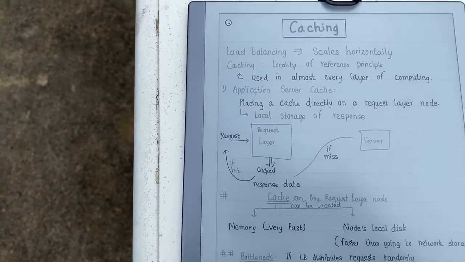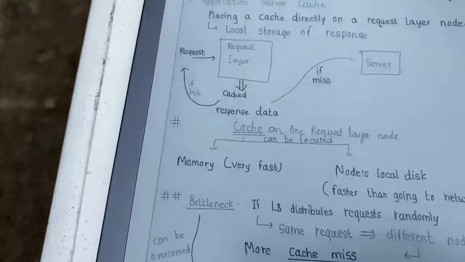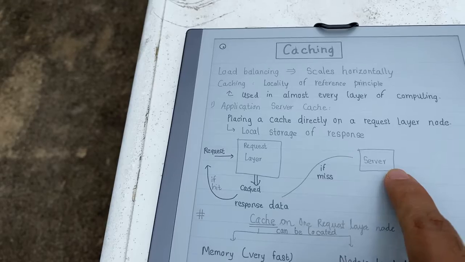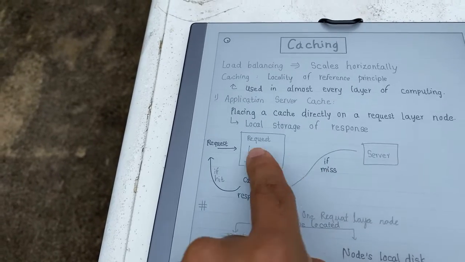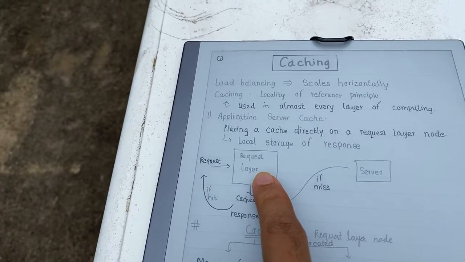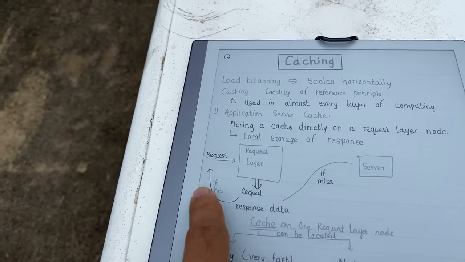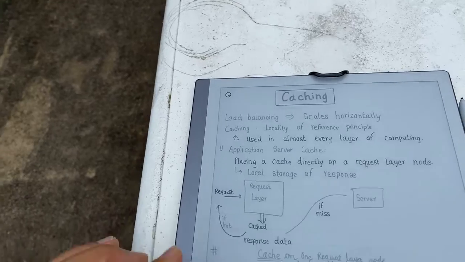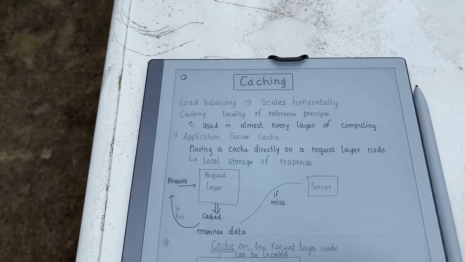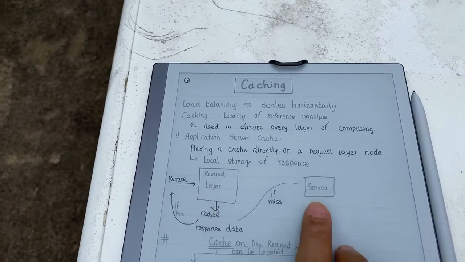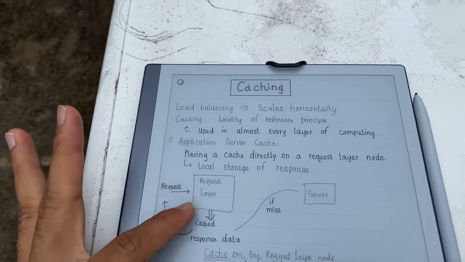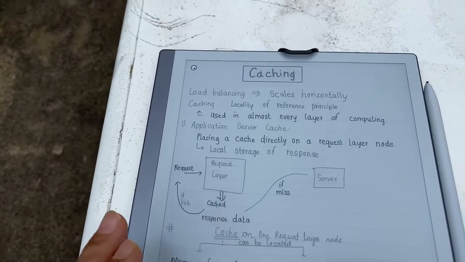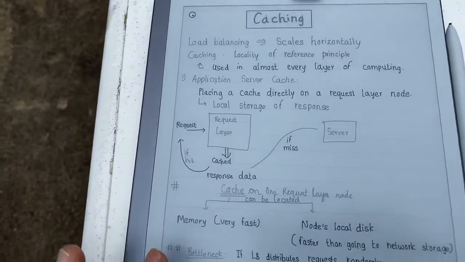For example, someone is asking for a product which is not popular and is not in the cache, so the database or the server would be hit, and then the response would be cached, so the subsequent request would be faster. So this is what a cache is. Now when it sits in front of each server or inside each server, this is called local caching. Each node has its own caching, and that is local caching.